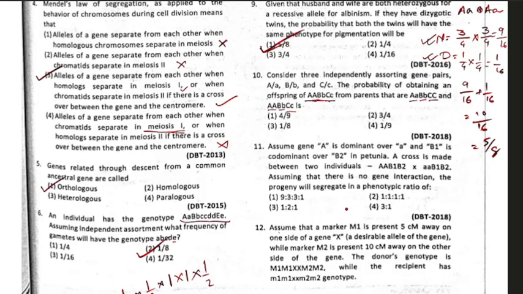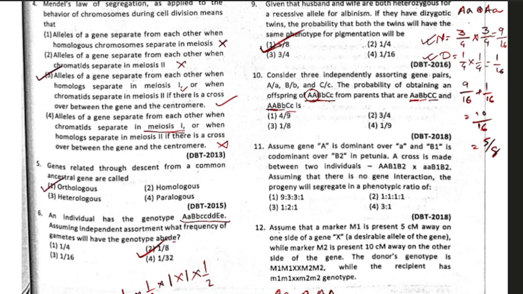If we cross only capital A small a with capital A small a, that is the genotype of the parents. So what is the ratio of getting capital A into the child?